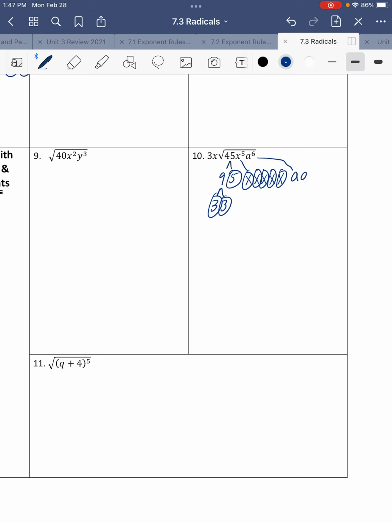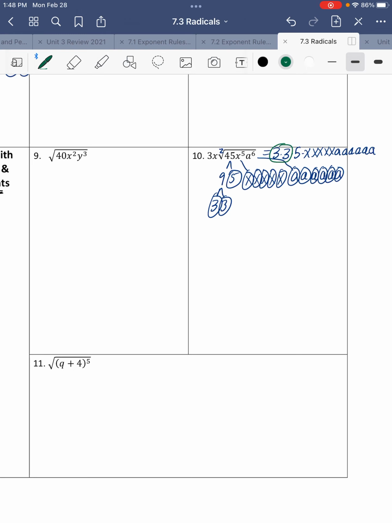A to the sixth is 1, 2, 3, 4, 5, 6 a's. Those are your prime a's. Let's write this all out. So it's 3 times 3 times 5 times 1, 2, 3, 4, 5 x's and 1, 2, 3, 4, 5, 6 a's.